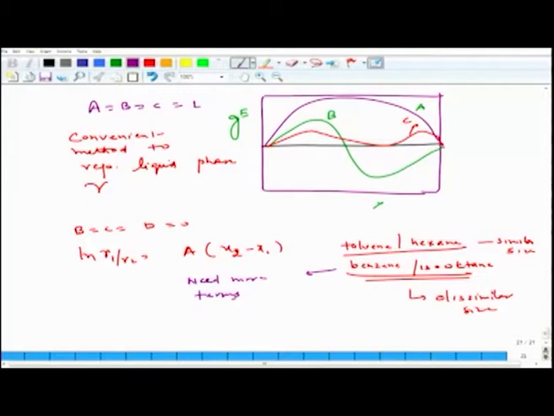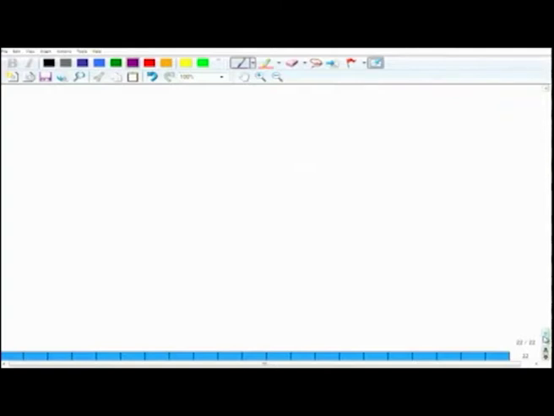So, in other words, one thing which should be clear to you is that if you have the experimental data, then you should be able to derive or calculate the activity coefficients as a function of composition. So experimentally one can determine gamma 1 and gamma 2 as a function of x.